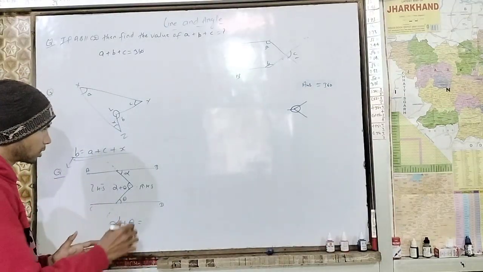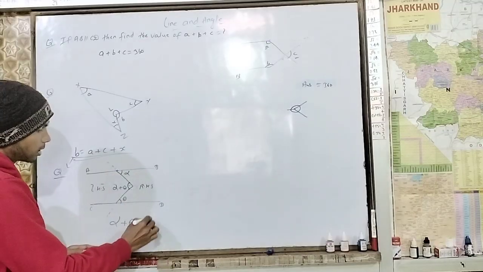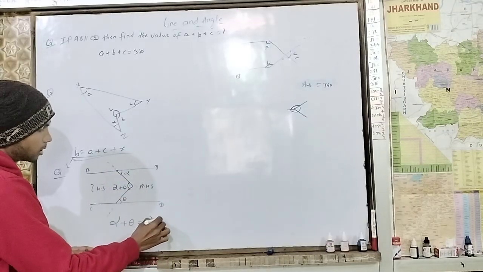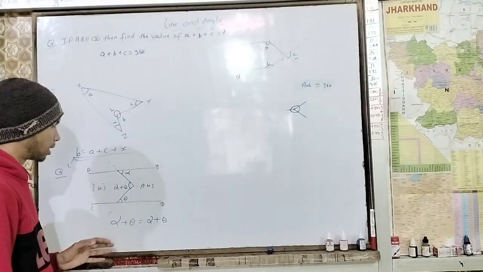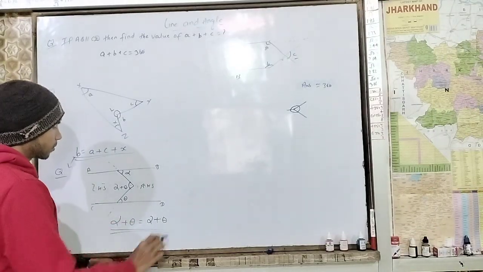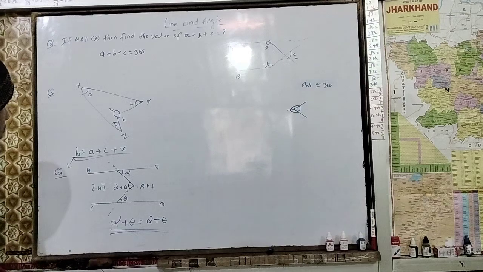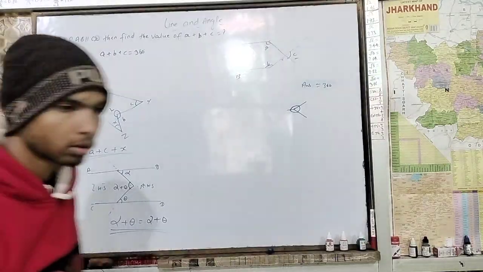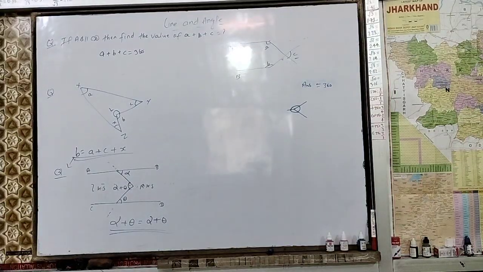So this will be the sum of these two angles, alpha plus theta, according to the transversal line.